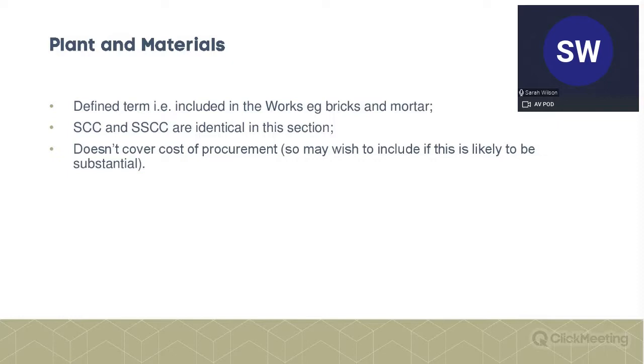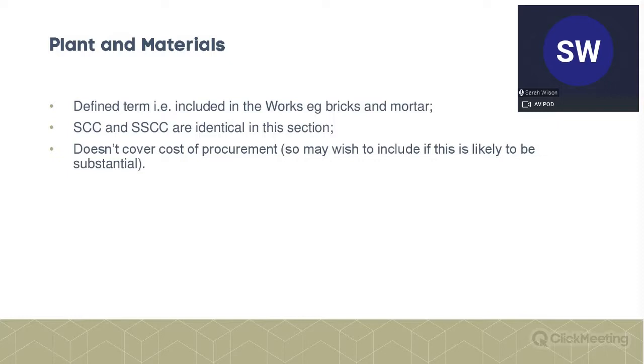What you should note, particularly for big projects, is that it doesn't cover the cost of procurement. So relevant to contractors and subcontractors. If there is going to be a substantial procurement exercise, you might want to include that as an extra cost by amending the contract, or alternatively, I suppose, factor it into your fee percentage.